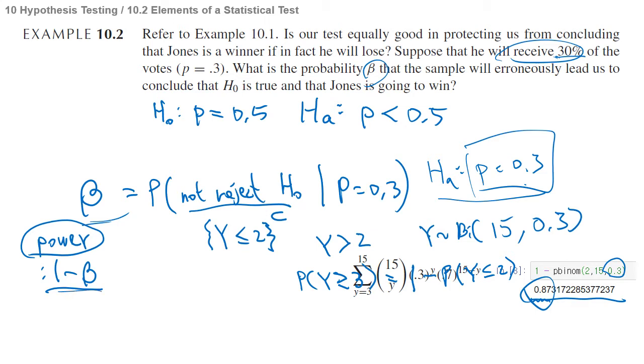So we want to have lower alpha and lower beta, lower type 1 error rate and type 2 error rate, and we want to have larger power, power to detect something new. That is the probability of rejecting H0 if the alternative hypothesis is true. That's the power. Okay.